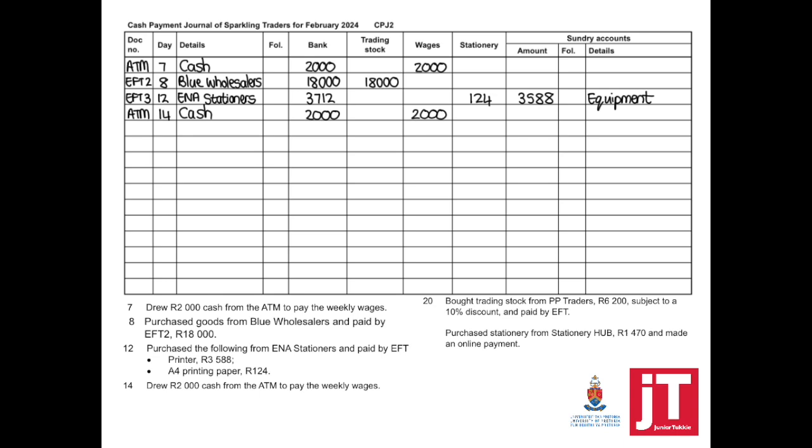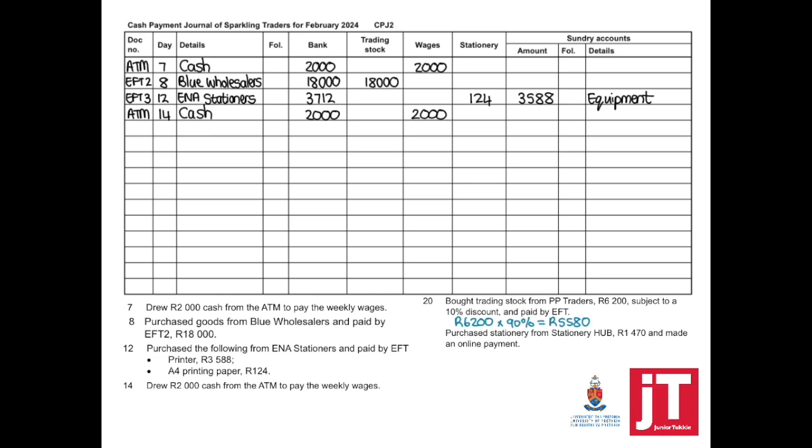So we need to find out, how much should we pay after the discount? And to calculate that, 100 minus 10 means that we've only paid 90% of that outstanding amount. You could have also said 6,200 times 10%, but then you still need to subtract that 10% from the 6,200.